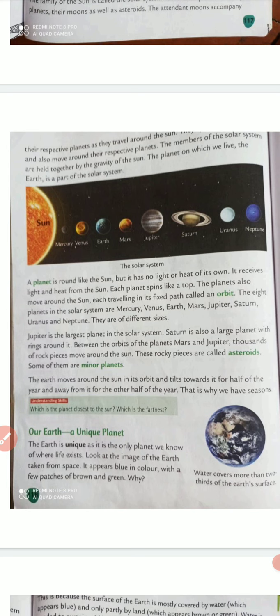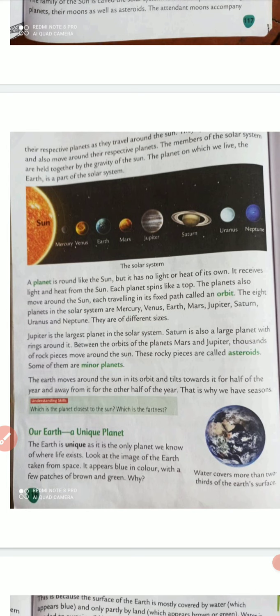Between the orbits of the planets Mars and Jupiter, thousands of rock pieces move around the Sun, and these rocky pieces are called asteroids. Some of them are minor planets.